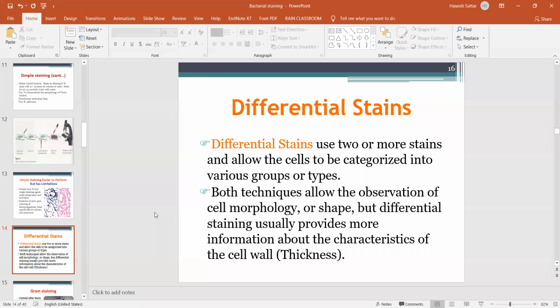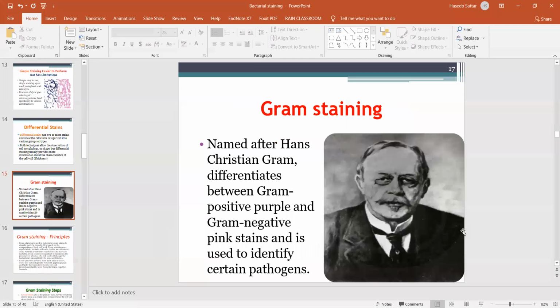The most important and widely used differential staining technique is the gram staining. This technique's name comes from the scientist's name, Hans Christian Gram.